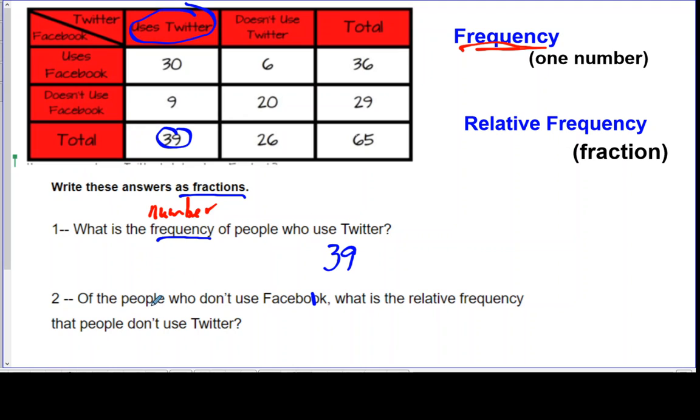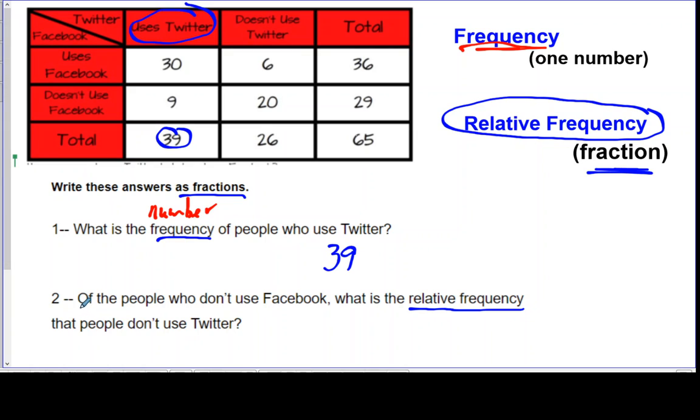Look at 2. It says of the people who don't use Facebook, what is the relative frequency that people don't use Twitter? Now we see the term relative frequency. When we see relative frequency, that means we need to think about a fraction. It's a comparison or a ratio of two numbers.